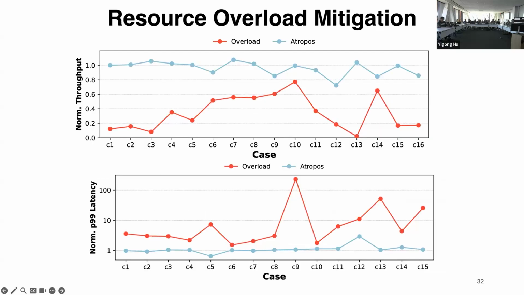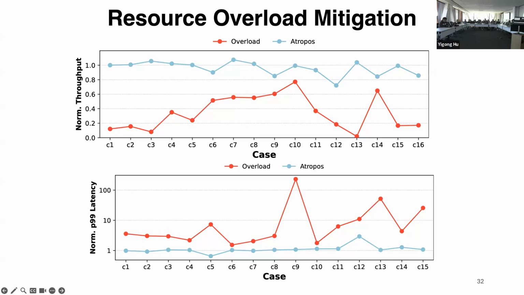So first, we show how Atropos mitigates the resource overload. We normalize the throughput and the tail latency as 1. 1 means that the performance is exactly the same as the normal scenario. When the overload happens, we can see some cases just drop to 20% and some maybe drop to 80%.